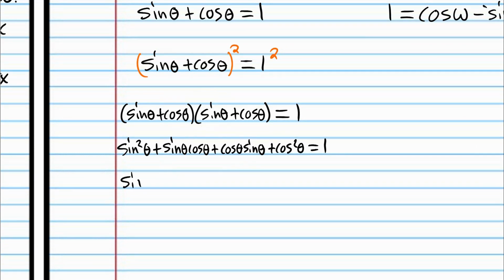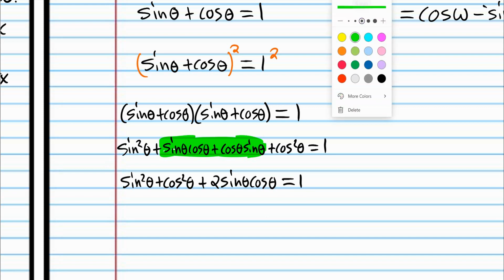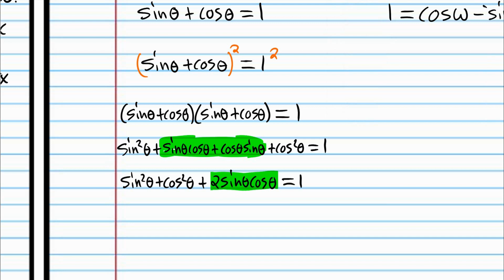And we're going to put the sine squared theta and the cosine squared theta next to each other. And we're also going to combine these terms because they're actually like terms. So we get 2 sine theta cosine theta. So those terms combine to this expression here. Remember, the commutative rule of multiplication means it doesn't really matter the order of the product.